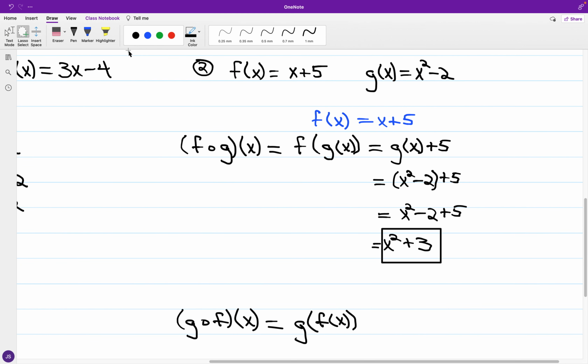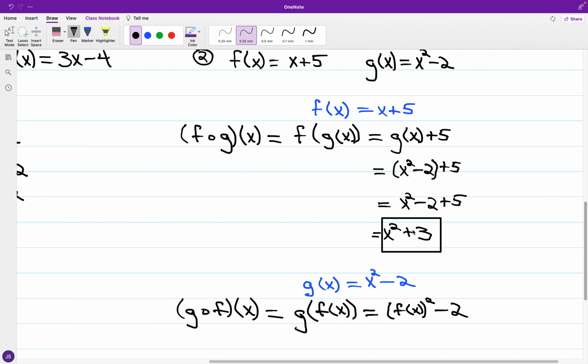For g, you have g of the input is equal to the square of the input minus 2. This time we have the input at f of x, so now I'm going to be squaring f of x. Then, crossing over to the application, f of x is x plus 5.